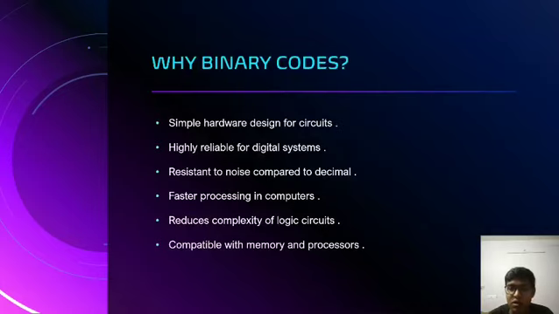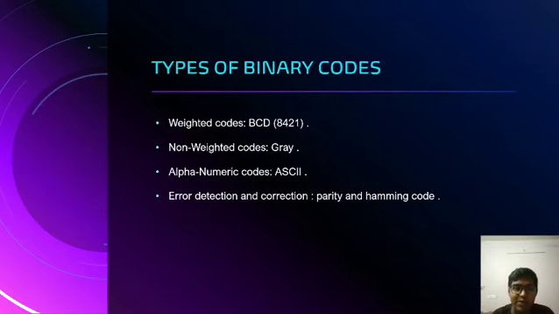This approach allows faster processing in computers, and the reduced complexity means fewer errors and easier maintenance. Lastly, binary code is compatible with most modern memory and processor designs. Now let's dive into the types of binary codes.